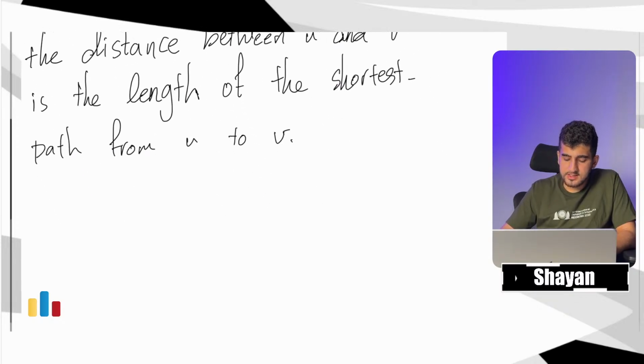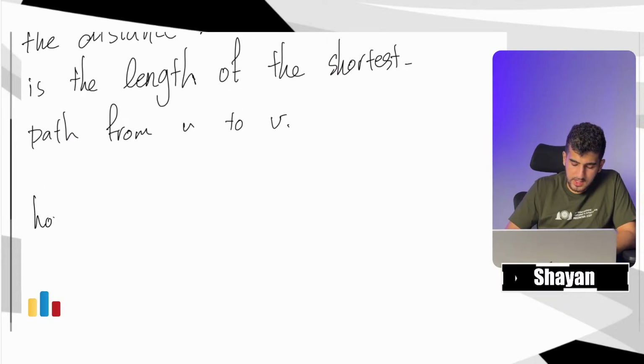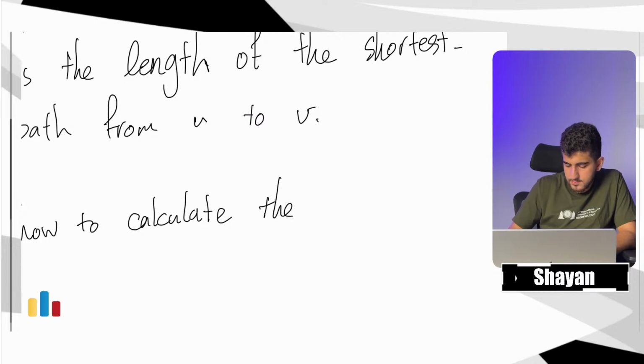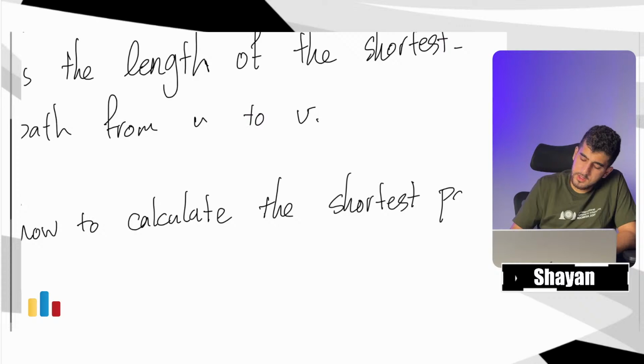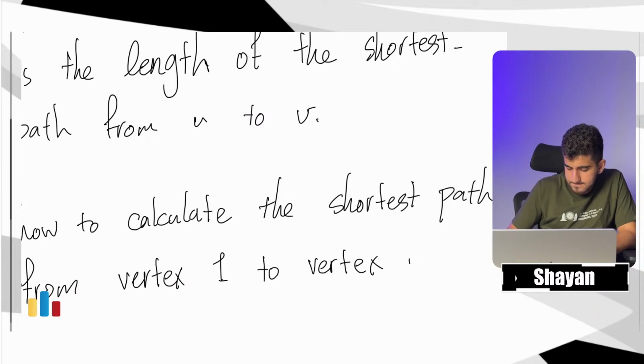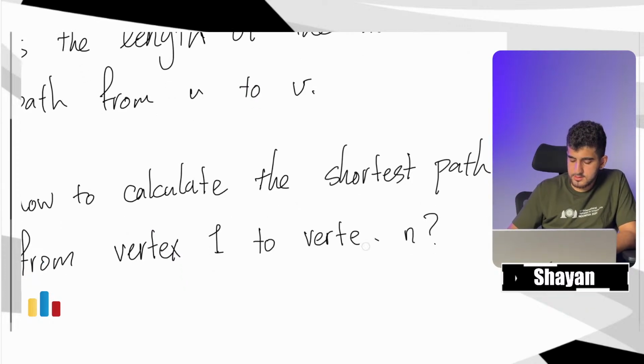Now the question is how to calculate the shortest path. Let's for now say from vertex 1 to vertex n. How to calculate this shortest path?